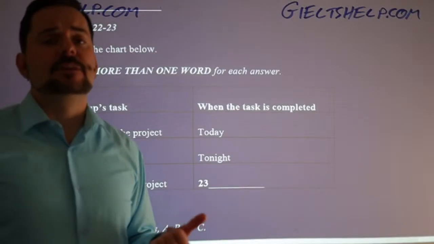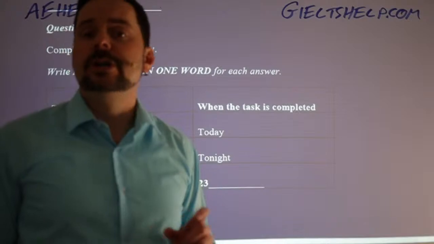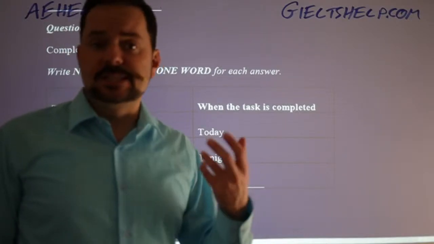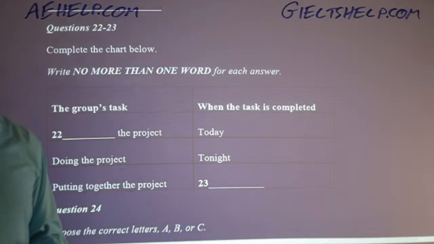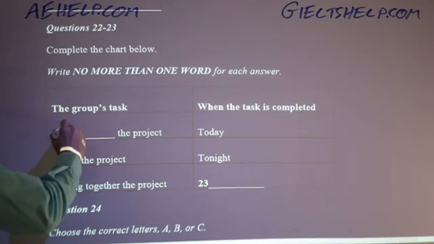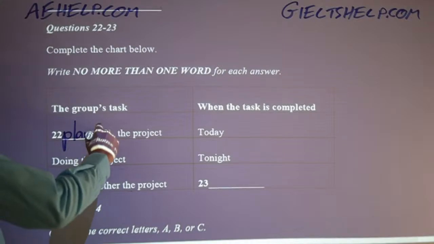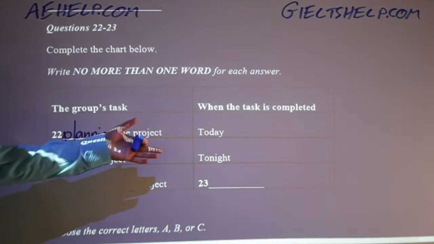If the question says no more than 2 words and it only needs 1 word, but the other word that you're using is accurate, it's an adjective, you'll still get that right. Jack, William, Irfan, Miyen, they're all saying planning, and that's correct. Yeah, they're planning the project today.